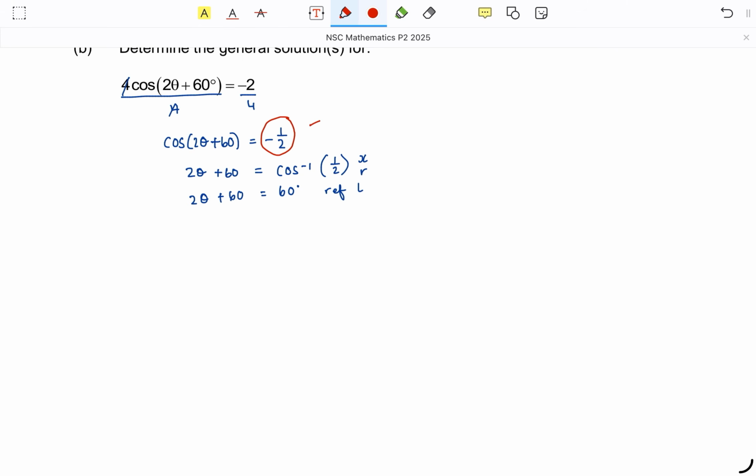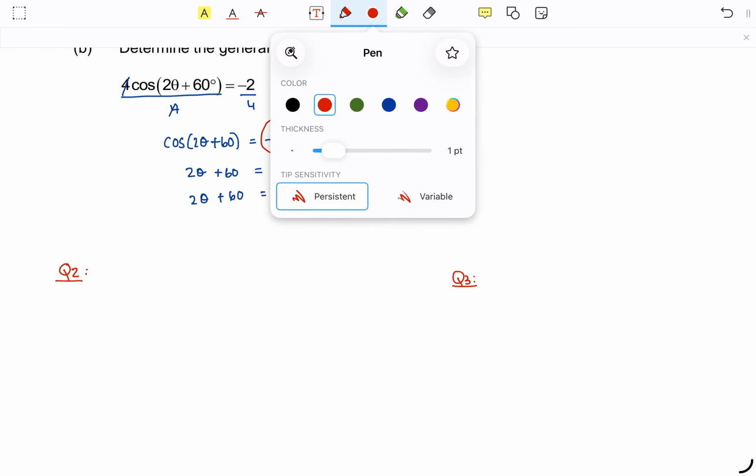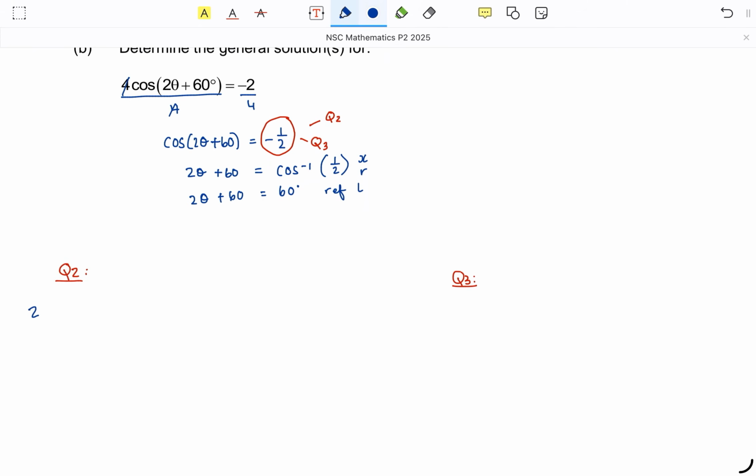So this is negative cos, and cos is negative in quadrant 2, and it is negative in quadrant 3. So let's start with quadrant 2, and then we're going to move on to quadrant 3. In quadrant 2, we have 180 minus the reference angle plus k of 360.